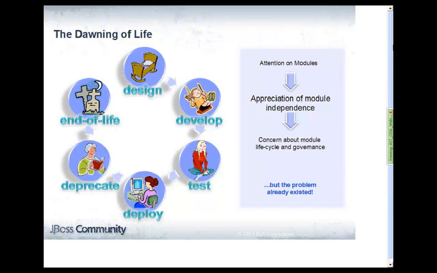So what the industry has learned over time is software goes through a life cycle of designing, developing, testing, deploying, and then you deprecate the functionality, and sometime later it's end of life.